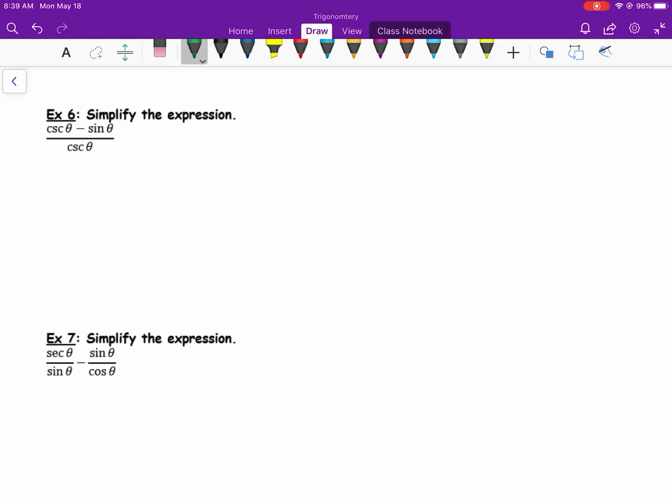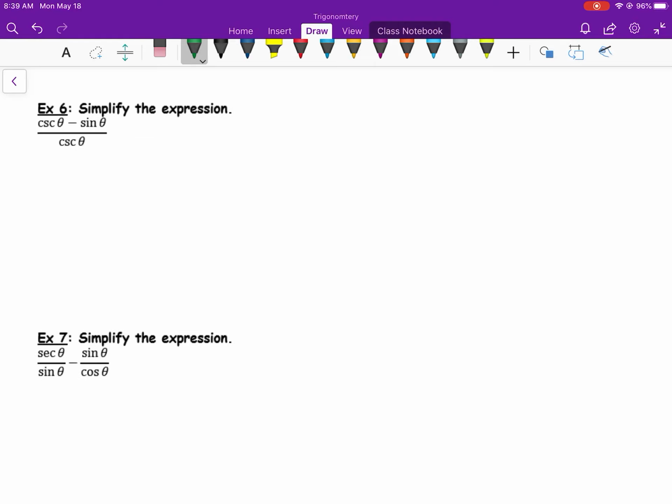Example 6. Cosecant of theta minus sine of theta over cosecant of theta. Alright, so I'm going to pull this apart. So I have cosecant of theta over cosecant of theta minus sine of theta over cosecant of theta.